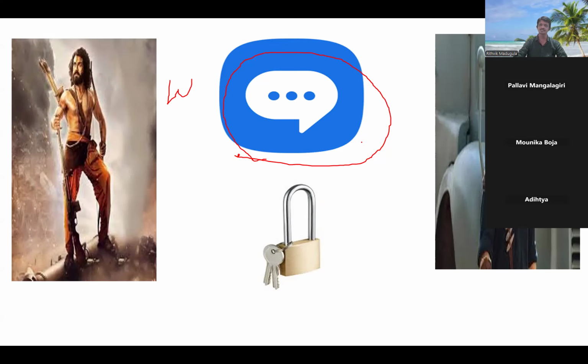So that is the main problem that takes place when there is any sort of interruption. So now, when there are weapons, this message is to be encrypted and sent to Bheem. And if there are any errors, they should be detected and corrected according to the circumstances.